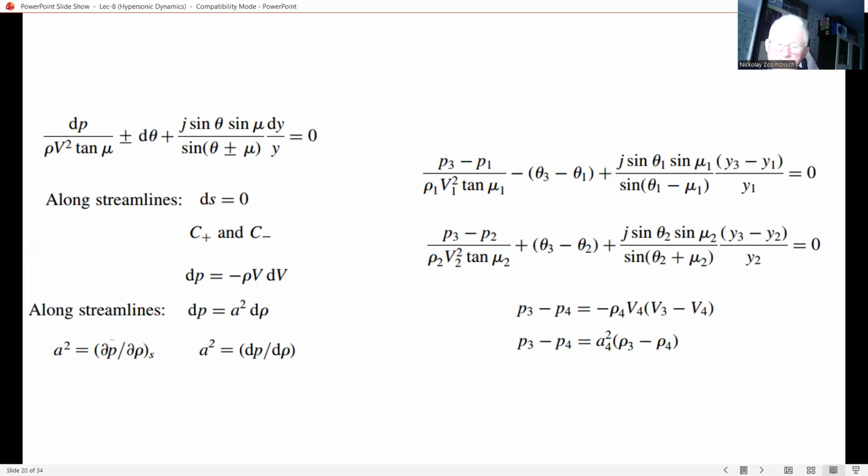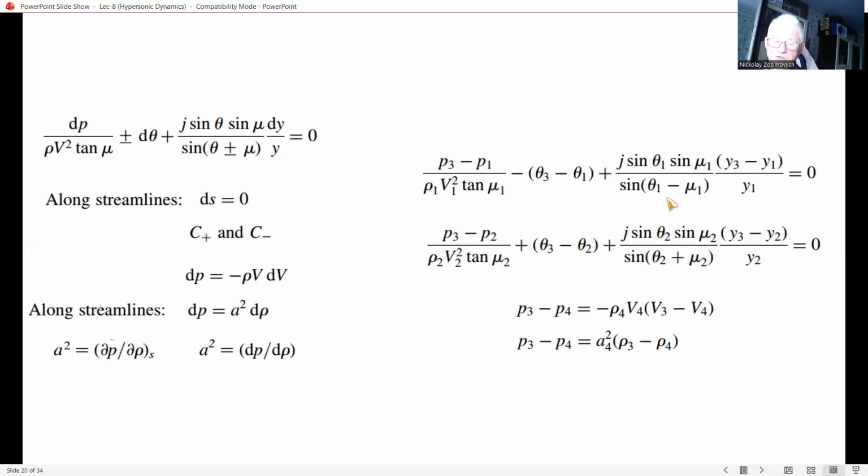For example, we can write the equation along the C minus characteristic through point 1, as on the top of the right side. This equation is written with C plus, this with C minus, and now with the C plus characteristic at point 2, we may rewrite here. They are generally identical. What's the difference? Minus changes to plus, and all others are identical.